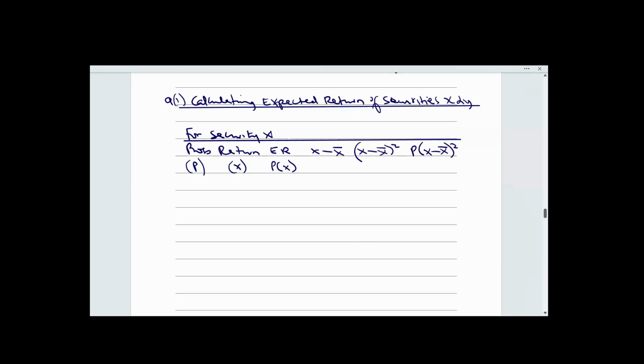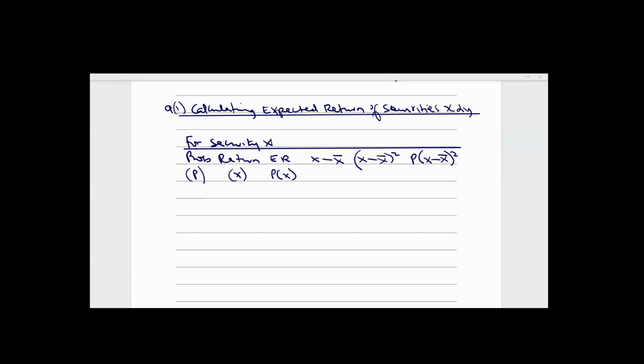So we go back to the question: what are the probabilities given to us? The probabilities of security X and Y are different, meaning that there is no relationship between the two securities, that is, R is equal to 0. So the probability of security X is 0.3, 0.4, and then 0.3.